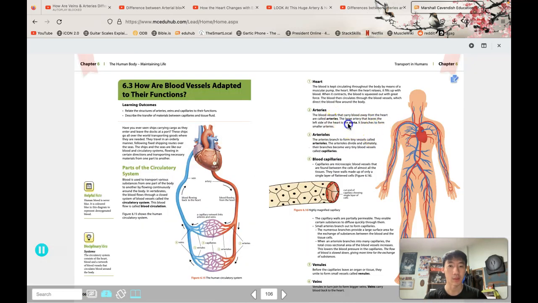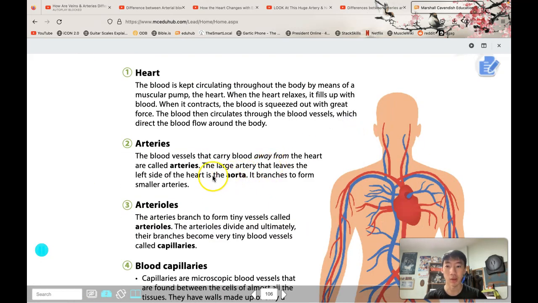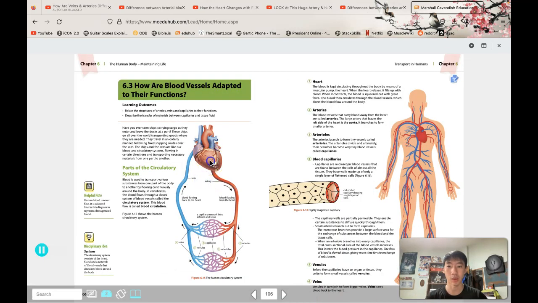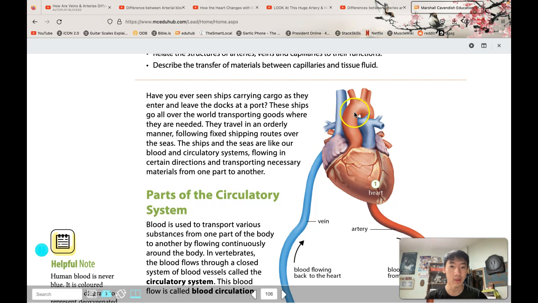They said something about this thing called the aorta. The aorta is the largest artery in our body. It's about the size of a garden hose, which is about this size. It's actually quite large. As you can see, this here is the aorta. It is connected to the chambers of the heart, namely the left ventricle, which we will learn about soon, and the left ventricle will pump blood into the aorta, where it will then flow to the rest of the body.